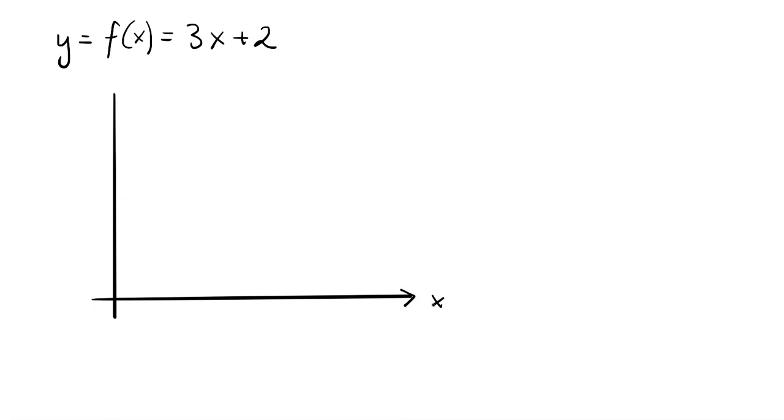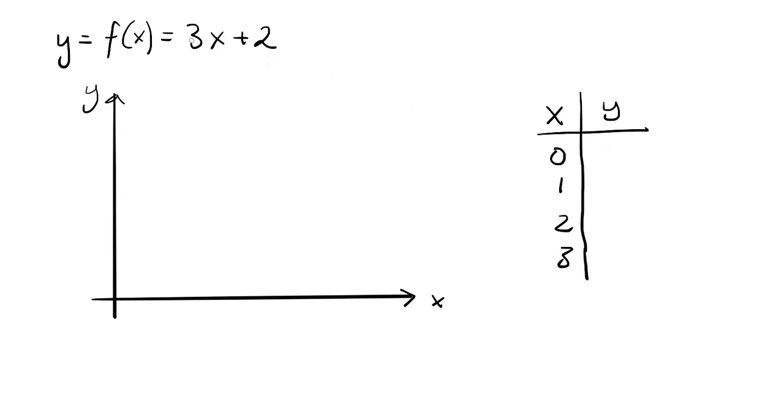So we should have x here, y here. Okay, so let's make a quick table so we can draw the graph of the function. And we just choose some numbers: 0, 1, 2, 3.